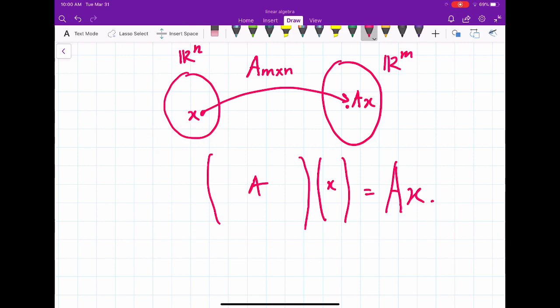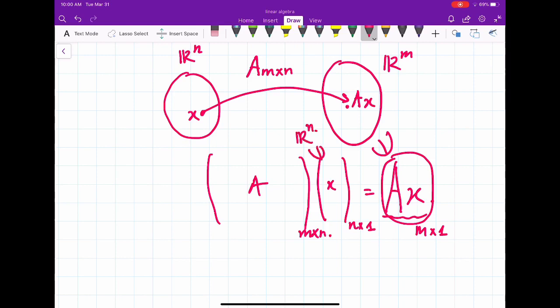The size of the vector x should be n times 1, right? Because here you have m by n, that means x has n coordinates. At the end, by matrix multiplication, the vector Ax has size m by 1, meaning Ax is a vector in Rm, right? And x should be a vector in Rn.